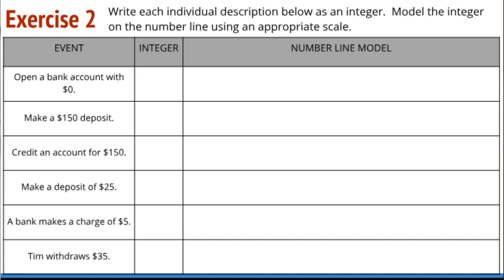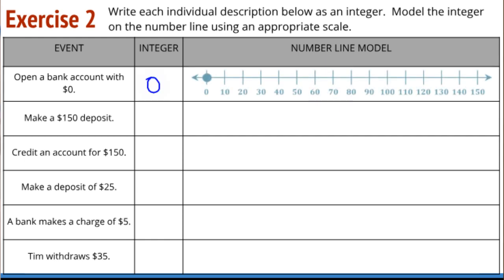So for example, opening a bank account with $0, what integer goes with that? Well, it's $0. So we have the integer of 0, and our number line model would show 0. And there are, of course, a wide variety of ways that you could represent 0 on a number line.